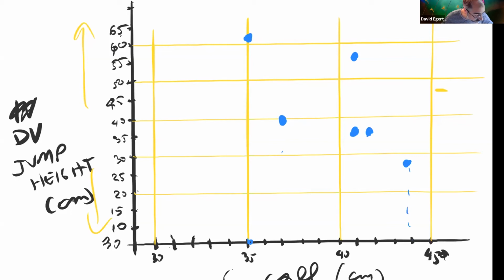The next one is 36, 40. The next one is 39, 20. The next one is 35 and a half, 29. 32 and a half, 37.